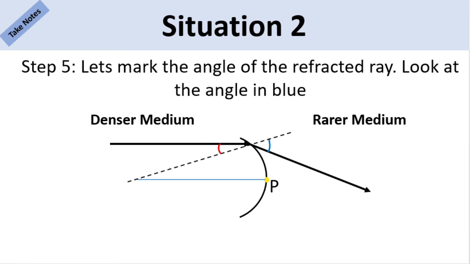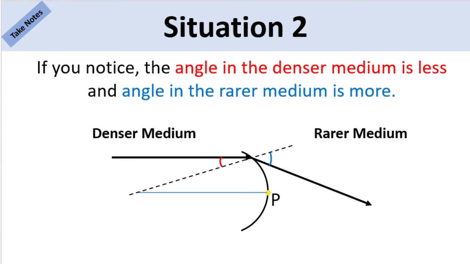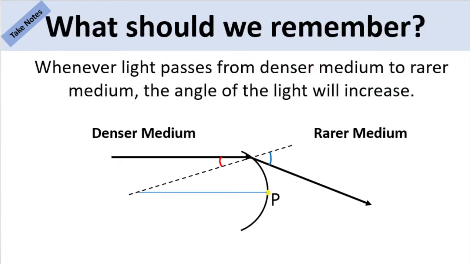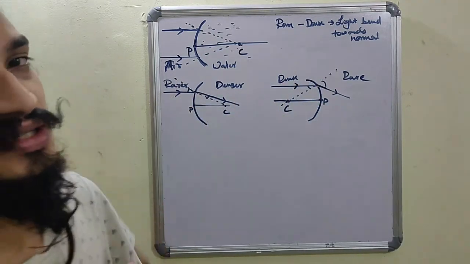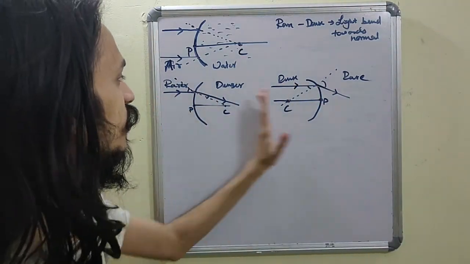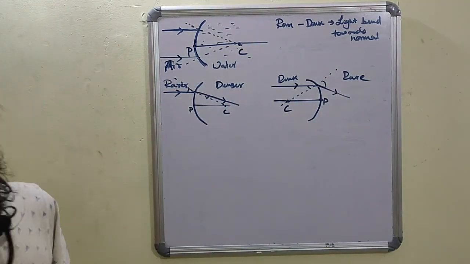Now keep in mind, this is a concave surface, this is a convex surface. But we covered both the cases for rare to dense and dense to rare.